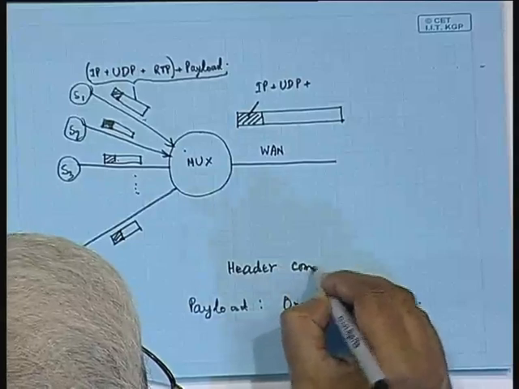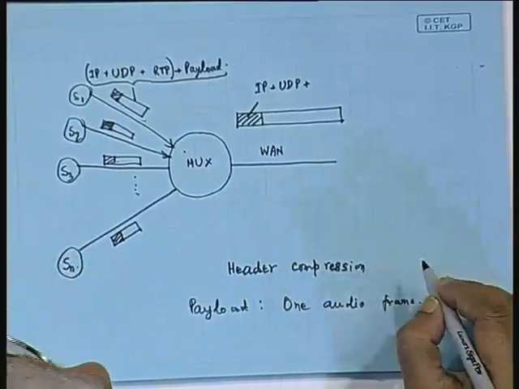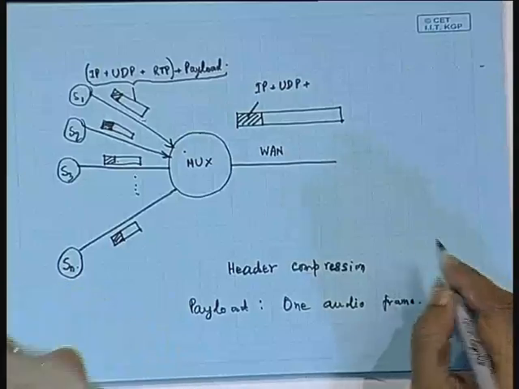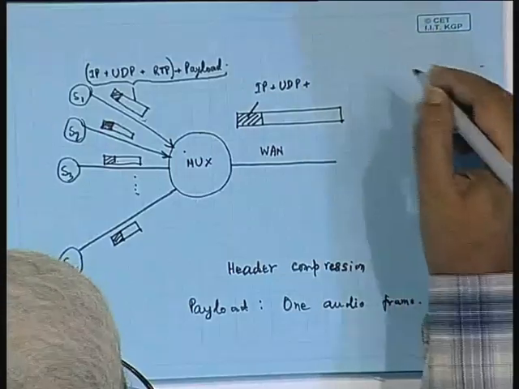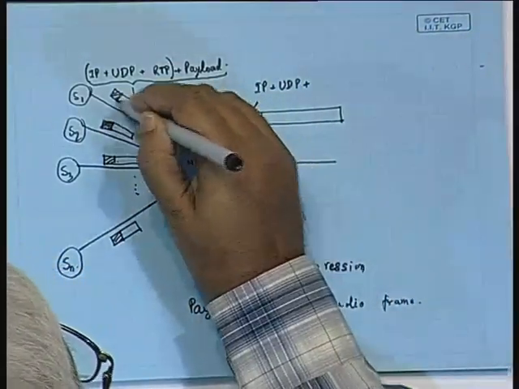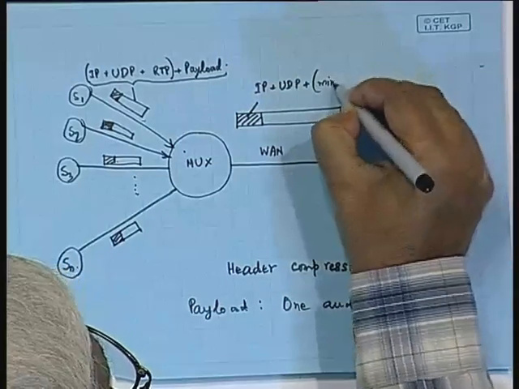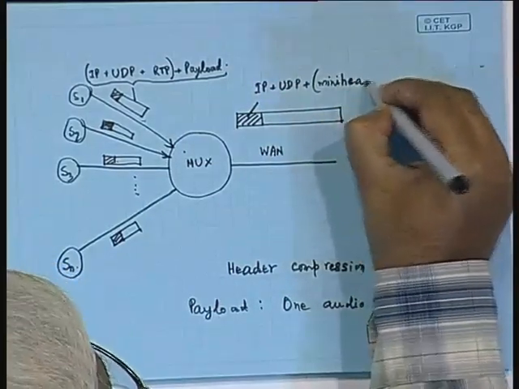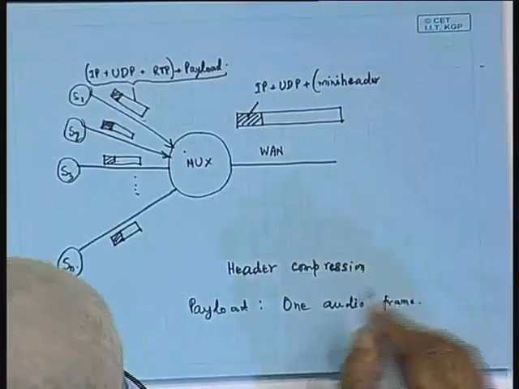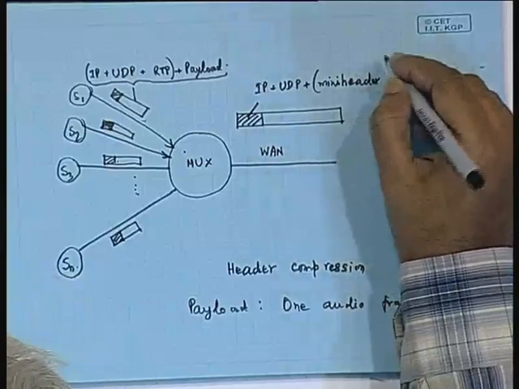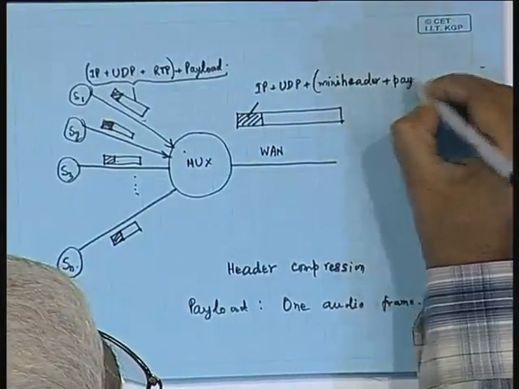So, from 40 bytes, there is something called the header compression. We are going to study what kind of header compression scheme we can adopt, but definitely if the header compressions are done, for the individual streams we will have a mini header. That mini header may be as low as 2 bytes. Mini header plus the payload, the individual stream payload.